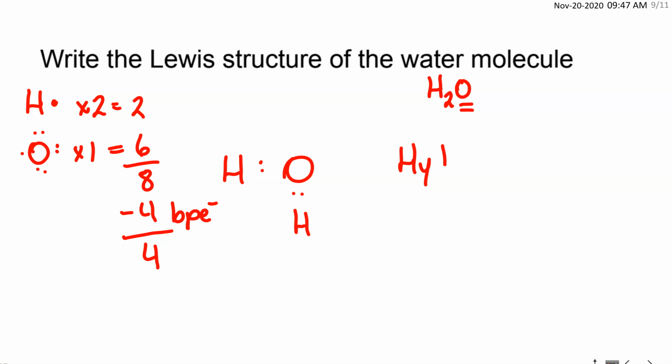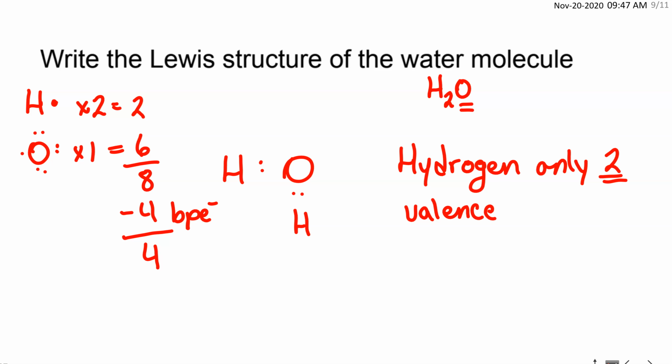Hydrogen only needs 2 valence electrons. So the hydrogens are complete, which takes me to step 5, which is place all remaining electrons on the central atom.